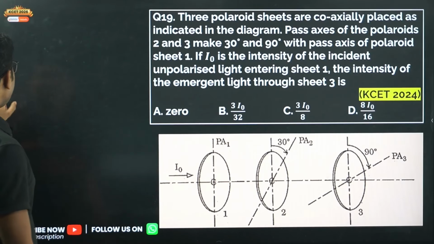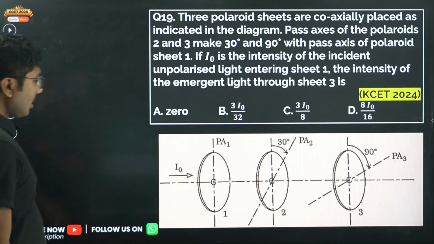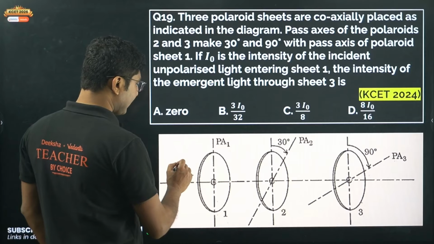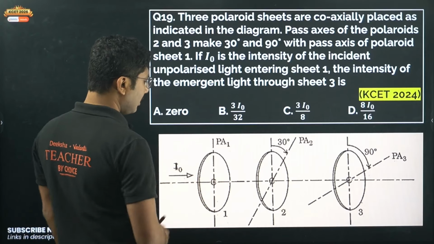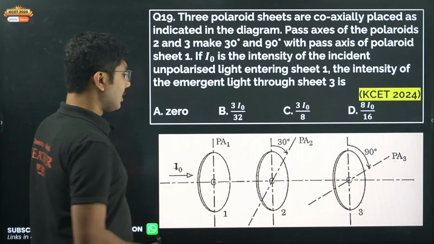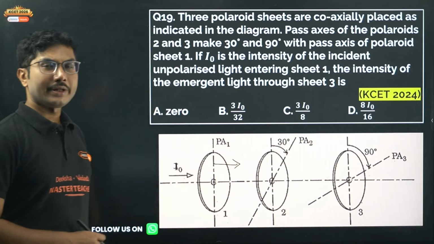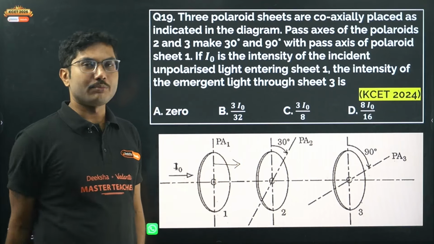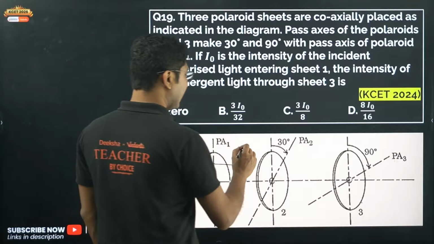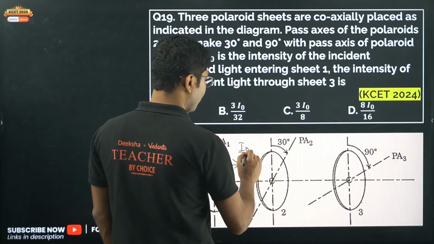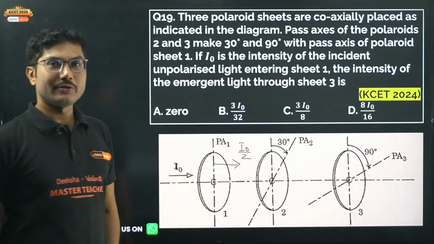Okay, so here we have a ray of light I naught which is entering through the first Polaroid. And what will be the intensity of the light after it comes out of the first Polaroid? So when the light ray emerges out of a Polaroid, the intensity directly drops by 2. The intensity directly drops by 2.